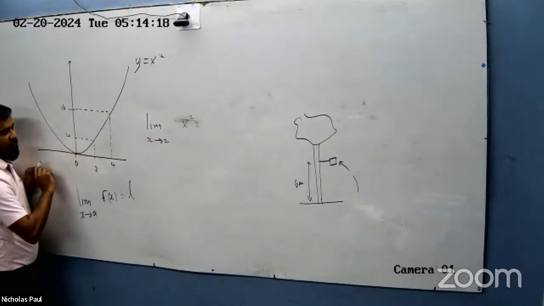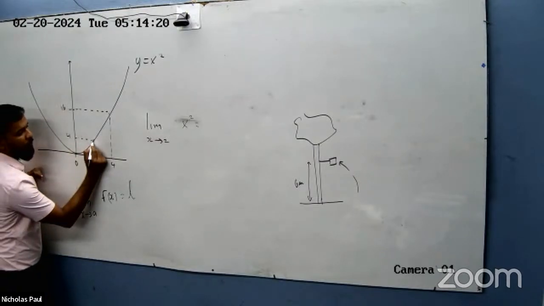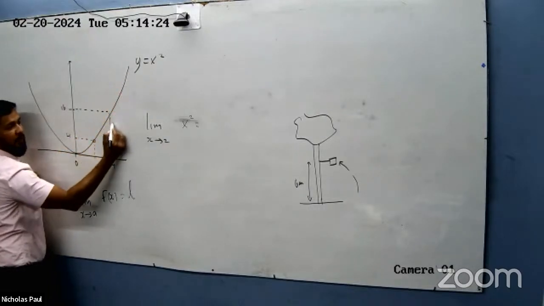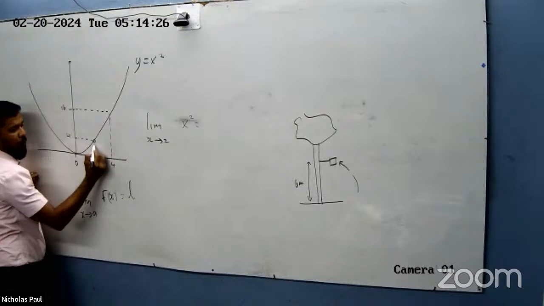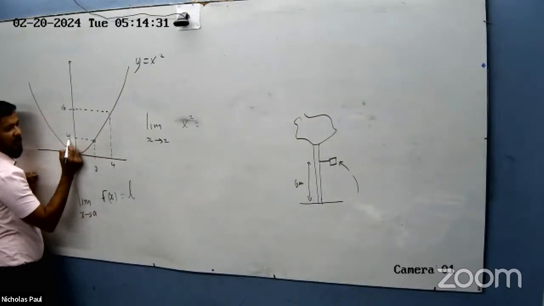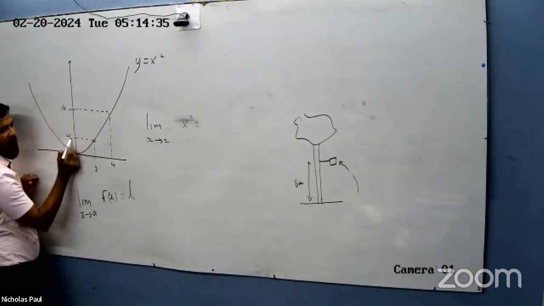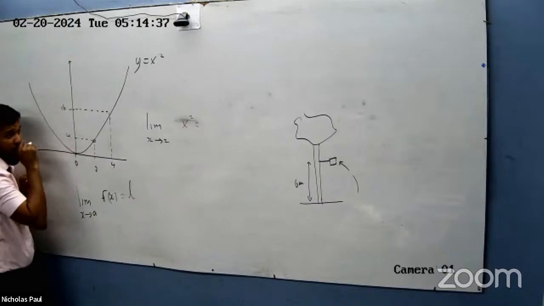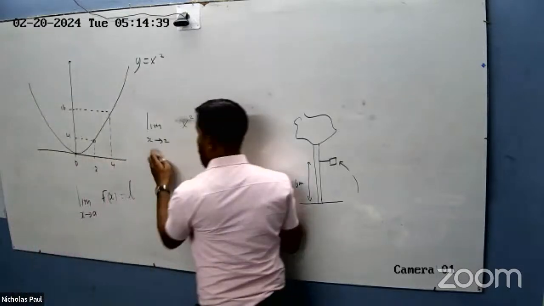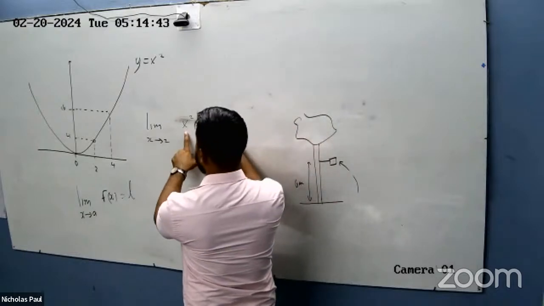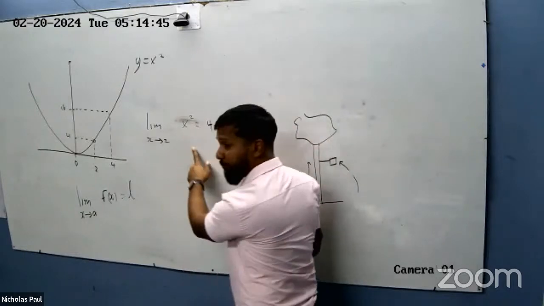If we approach this point here from the right, let's say, the y value is how much? 4. If we approach 2 from this way, the y value is also 4. So what that means is as we approach 2, regardless of the side, we get a value of 4.